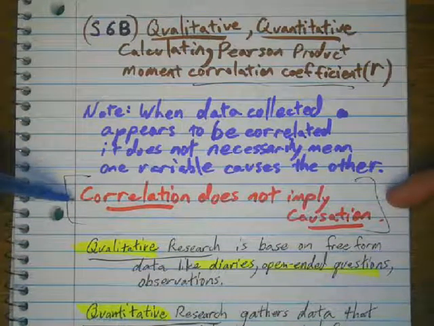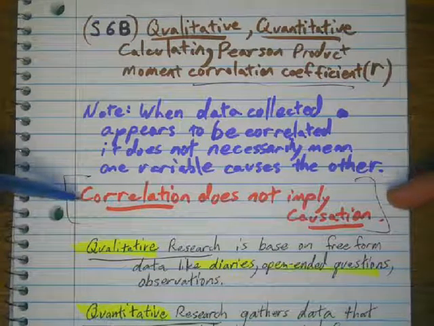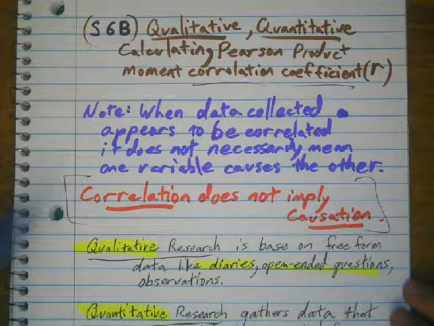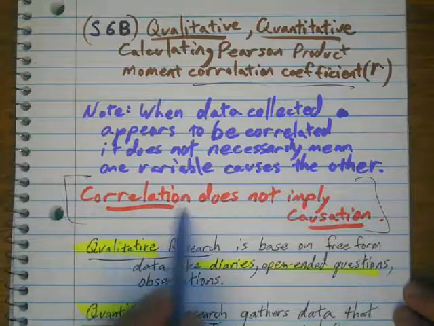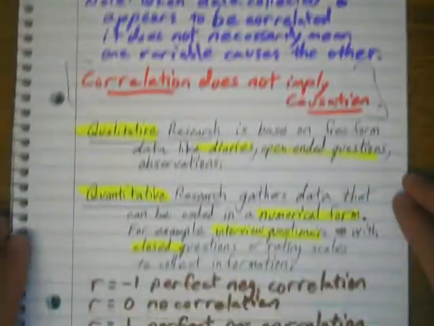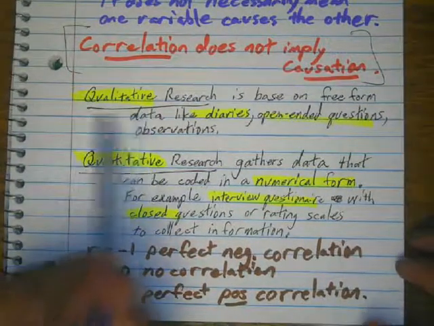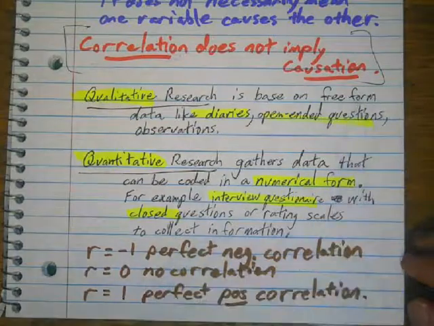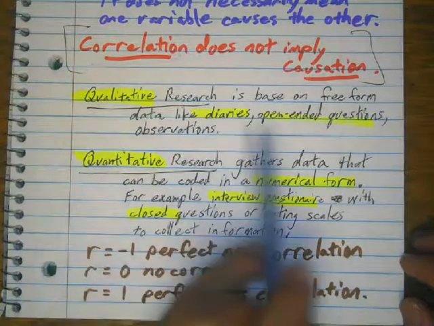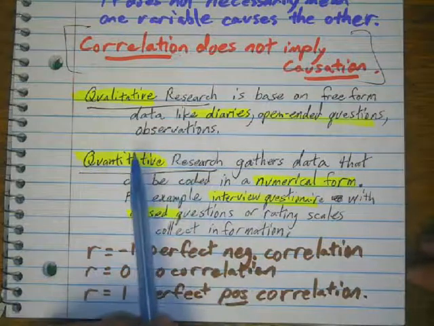Correlation does not imply causation. So we use correlation to help see if there's a cause, but we don't necessarily know that for sure.